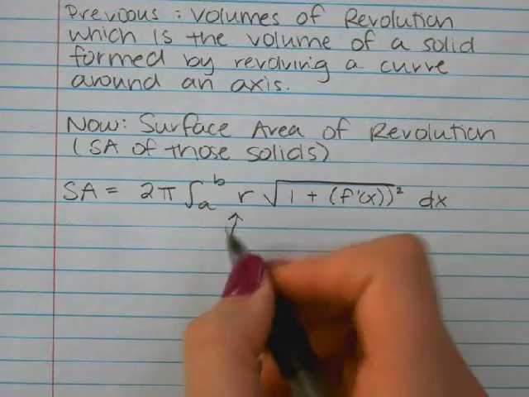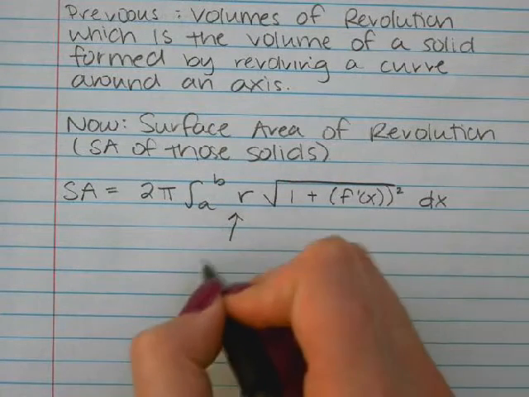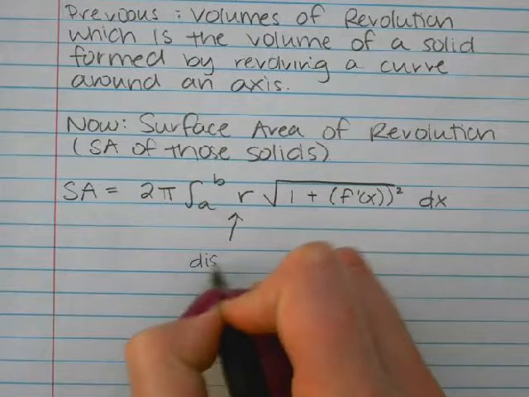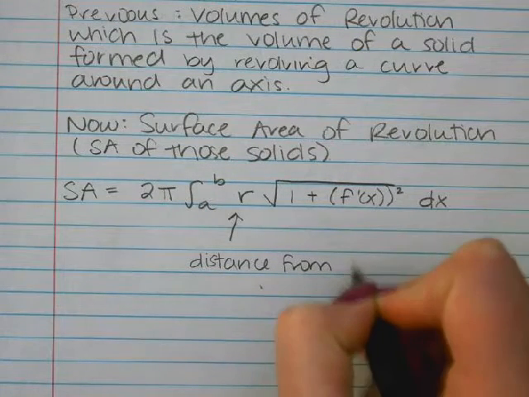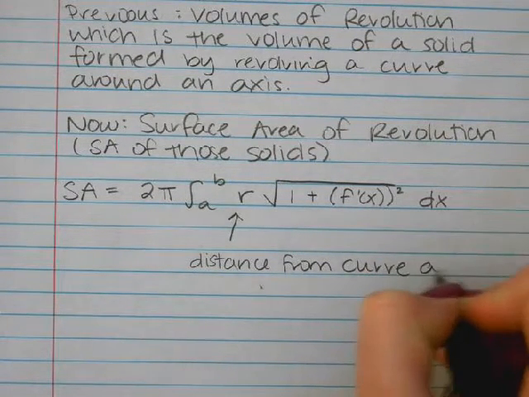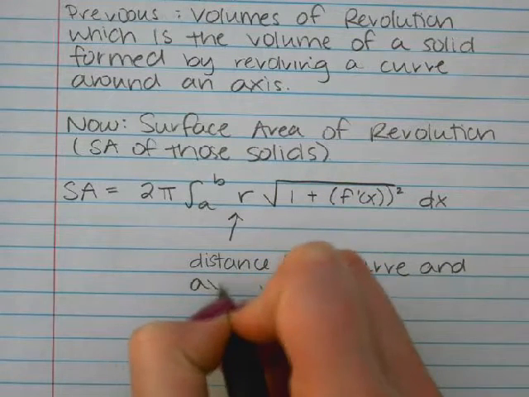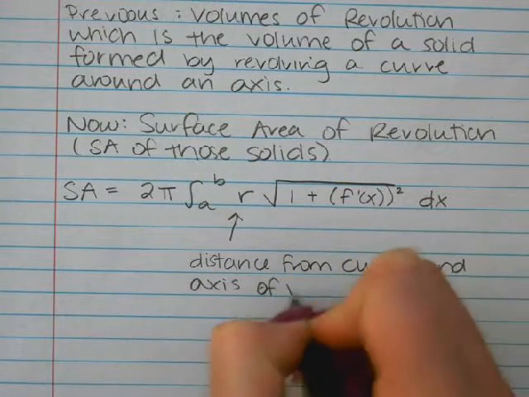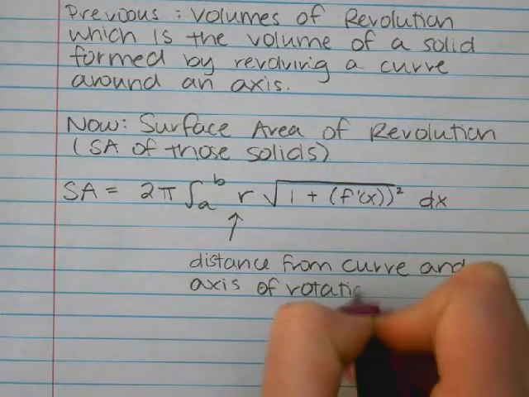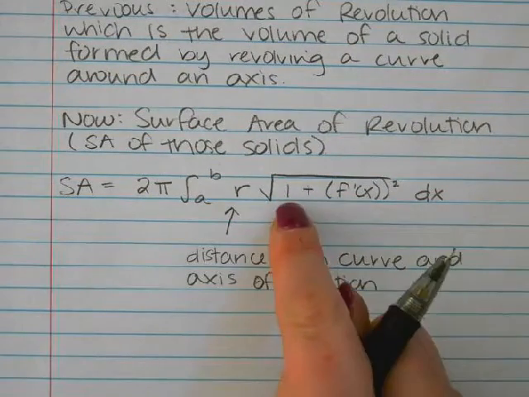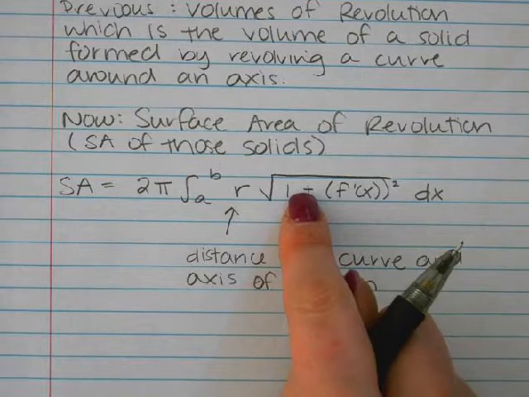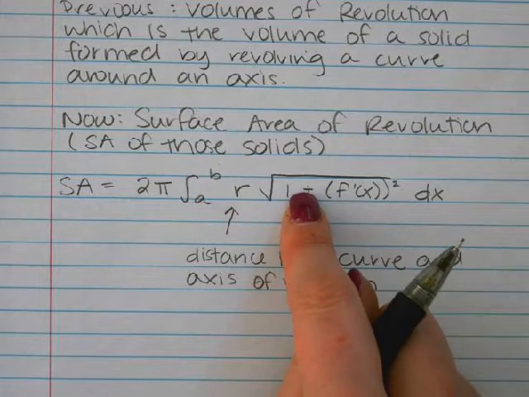All right, r is the distance from the curve and the axis of rotation. Now what I said when we were doing the video last night with arc length was that if you're doing this part underneath the square root sign, it could be in terms of x or y and it would still work.